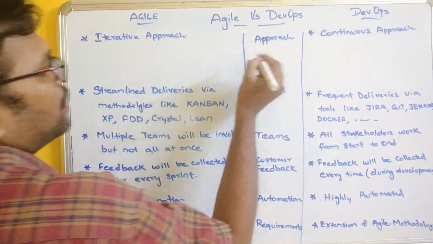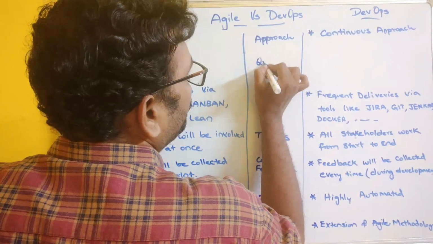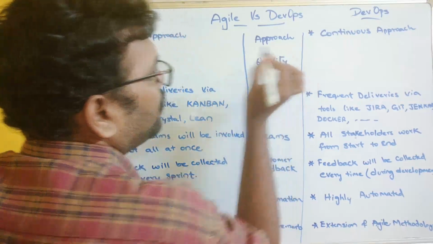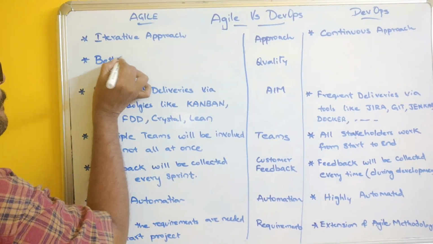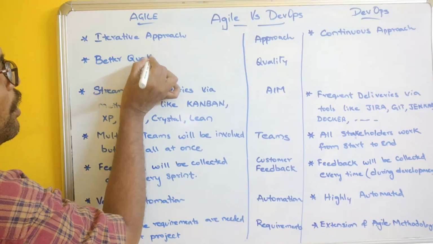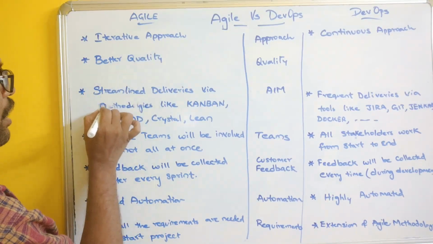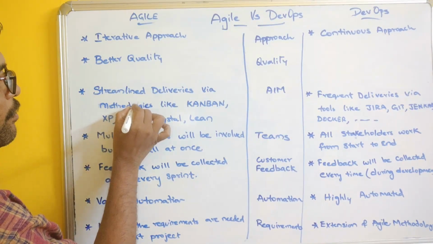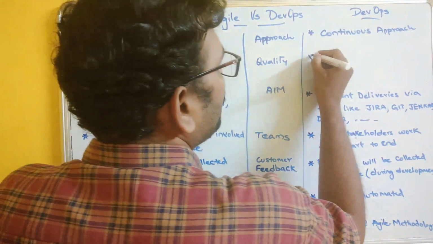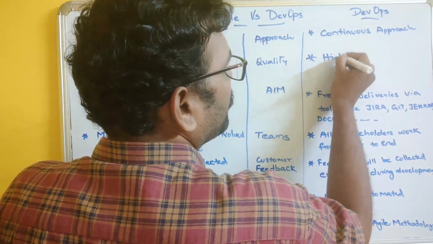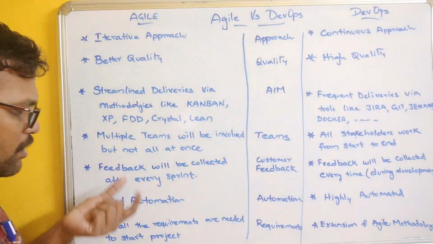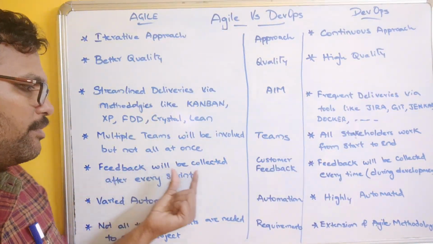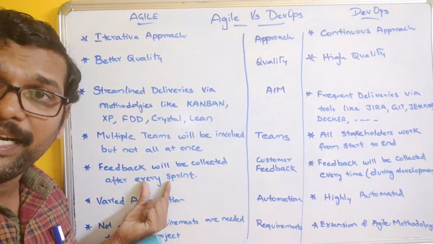And the last one is quality. The Agile methodology has better quality, high quality. This is also related, because we are taking the feedback after every sprint.